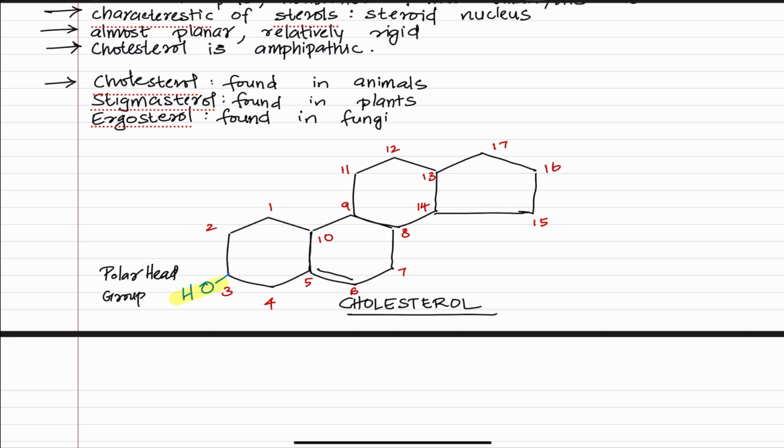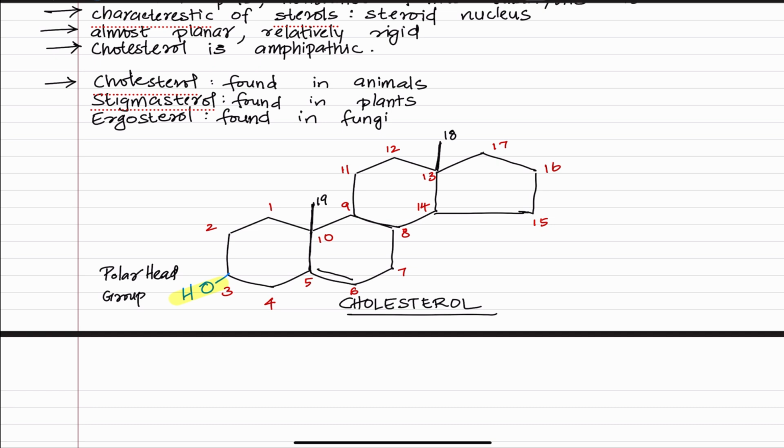We have a double bond here as well. And the other branches include one from the 13th carbon, which is the 18th carbon. That's a side chain, that's a methyl group, that's a branch. One from the 10th carbon as well, that is the 19th carbon.